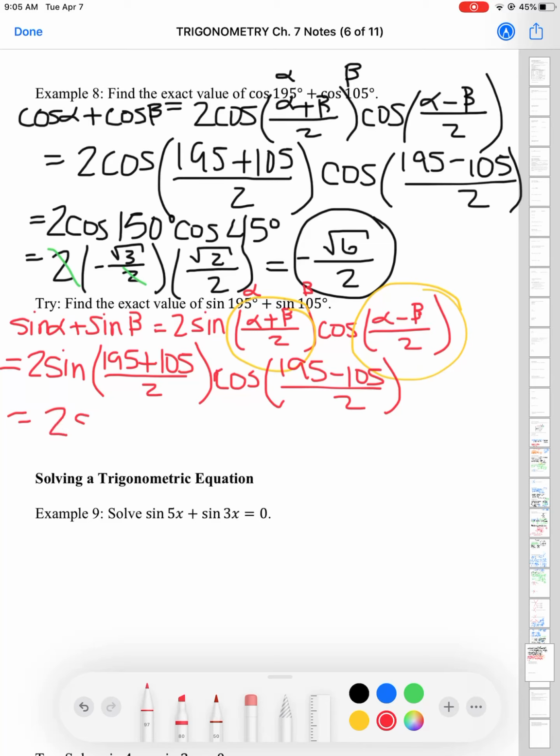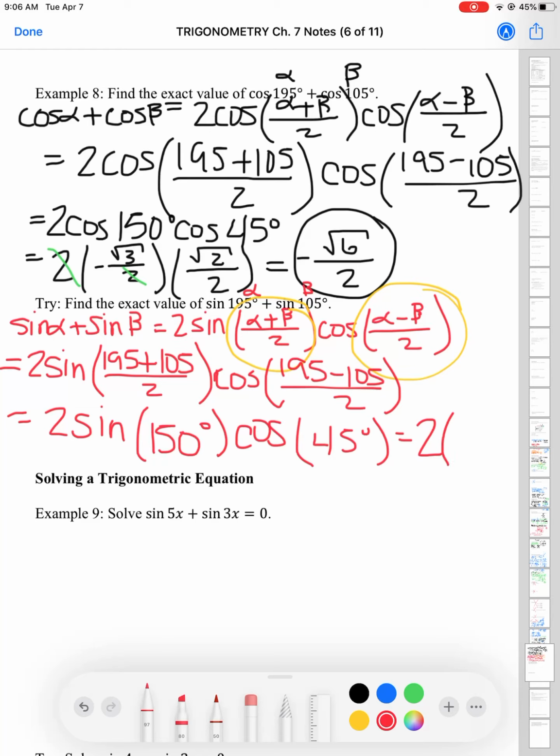Again, 195 plus 105 divided by 2 is 150, in degrees, times cosine 45 degrees. So, the sine of 150 degrees, well, that's in quadrant 2 where sine is positive. Up here, if the cosine was root 3 over 2, sine has to be a half.